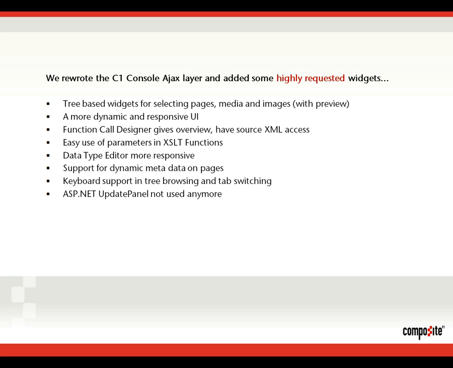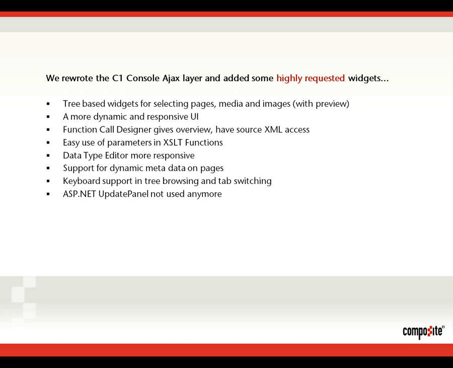We had parameter support in the earlier version, but it was a fairly tedious task to combine an input parameter to a function call. We also have instant feedback in elements like the data type editor and in other parts of the system.